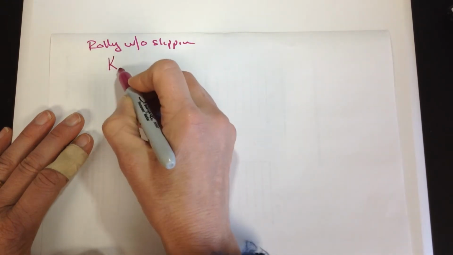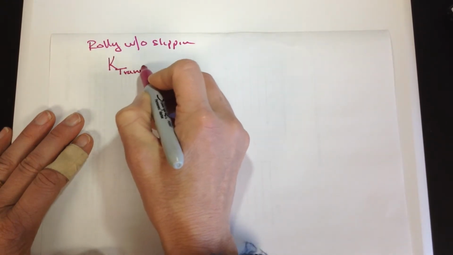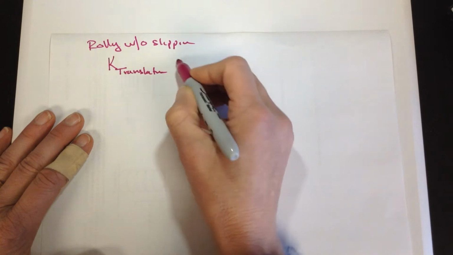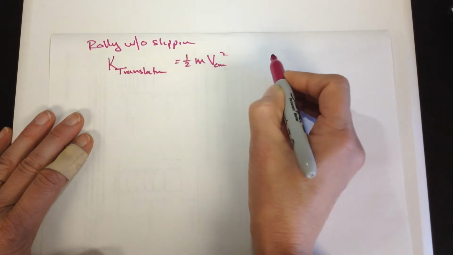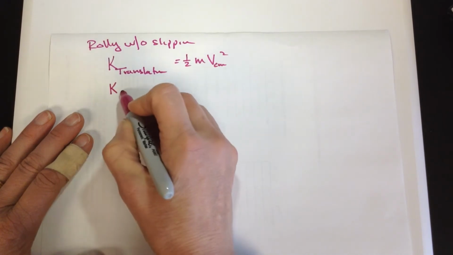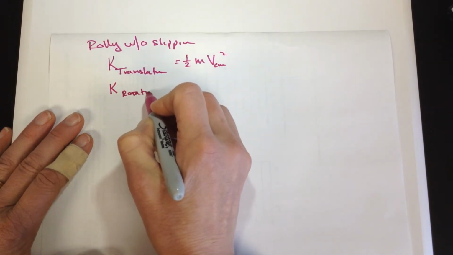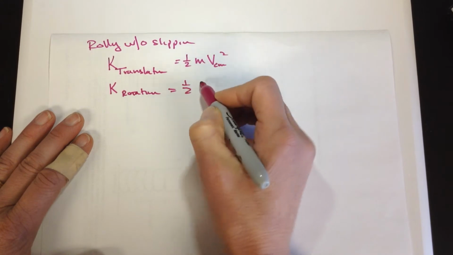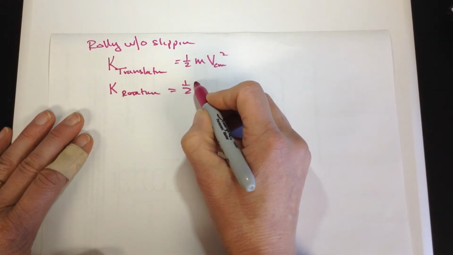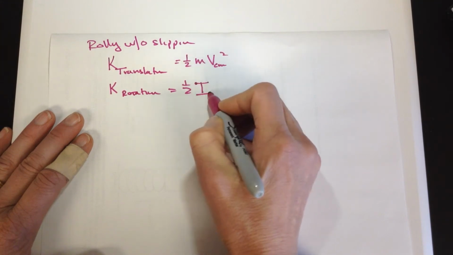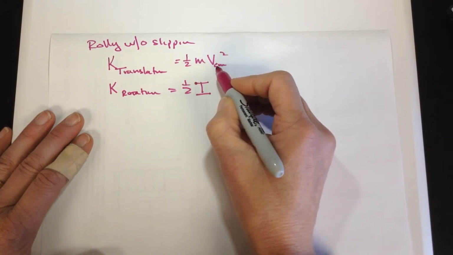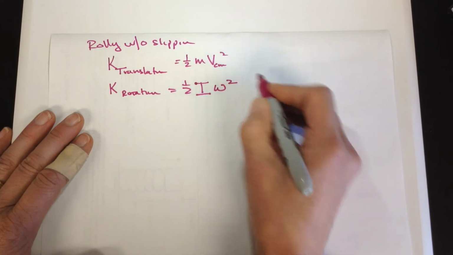It's going to have kinetic energy associated with the translational motion, which we are very familiar with, 1/2 m v center of mass squared. Plus, it's going to have kinetic energy associated with the rotation, and wait for it, here it comes, a rotational analog. The rotational analog of mass is its inertia. The rotational analog of velocity is its angular velocity.